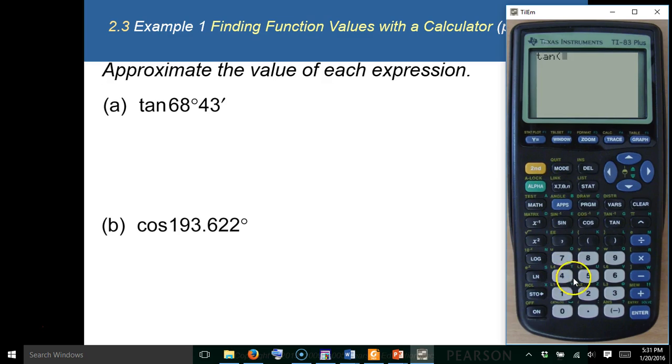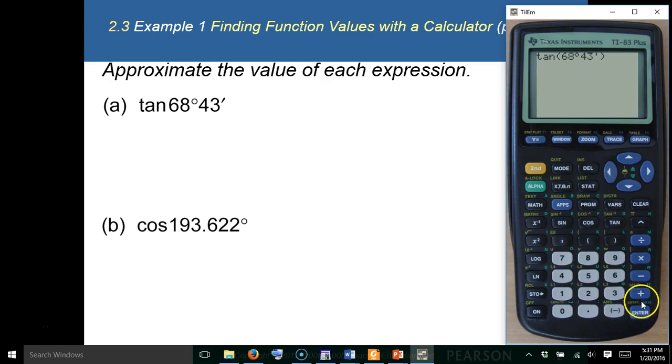So, got to change it to degrees. And then we're going to put in 68 degrees and 43 minutes. Okay, so there we go.